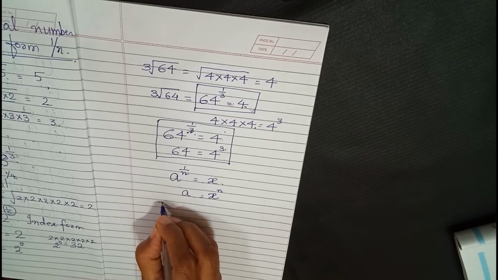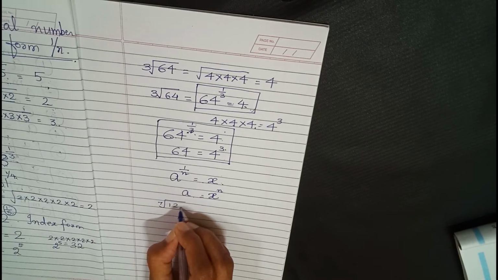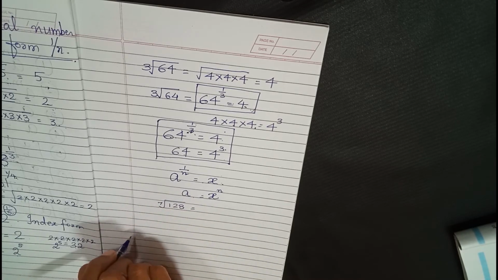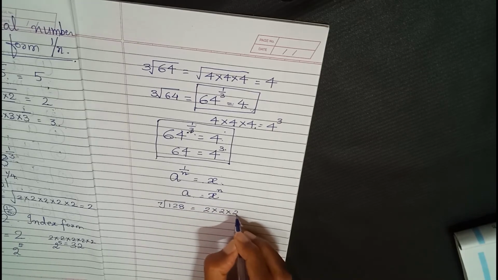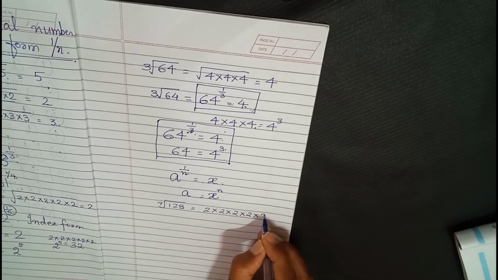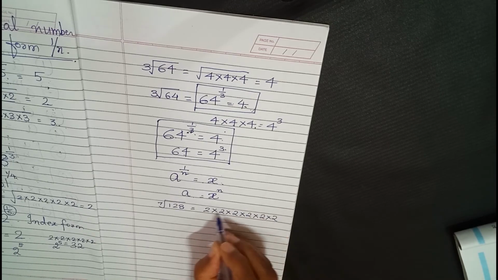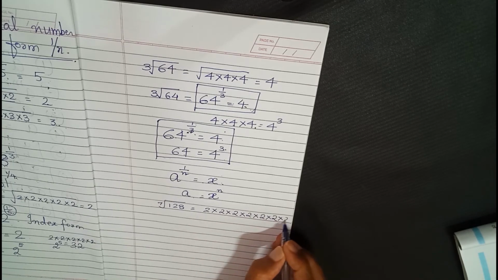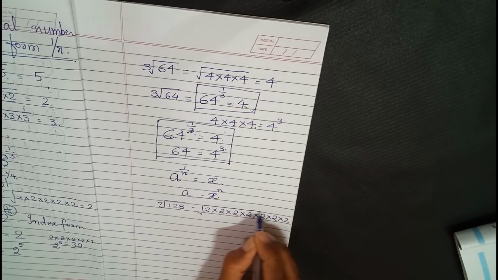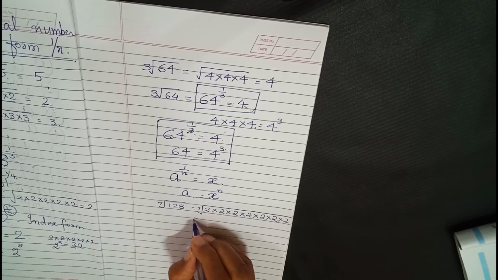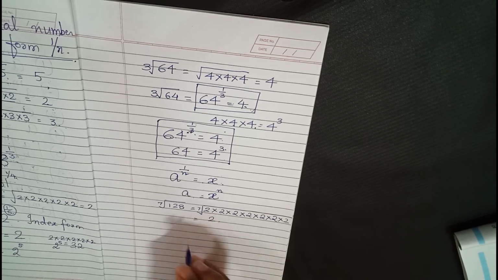Let us say the 7th root of 128. Now you know 128, when I multiply 2 seven times: 2, 4, 8, 16, 32, 64, 128. So multiply it 7 times and you get it out once, right?